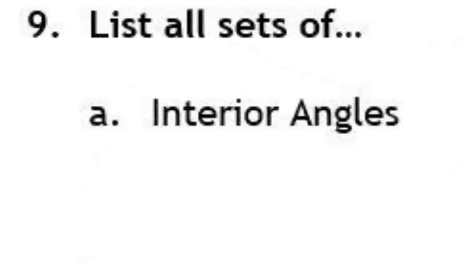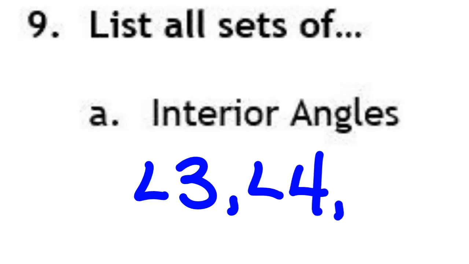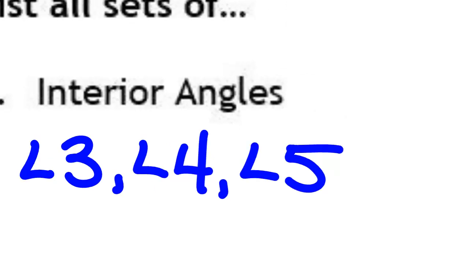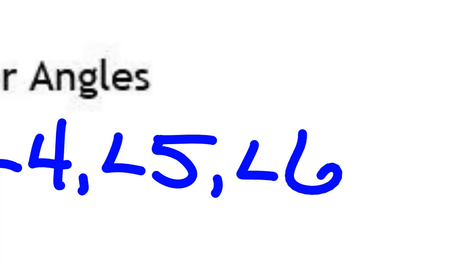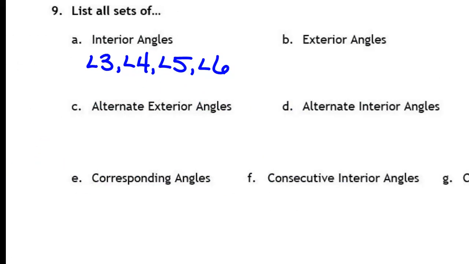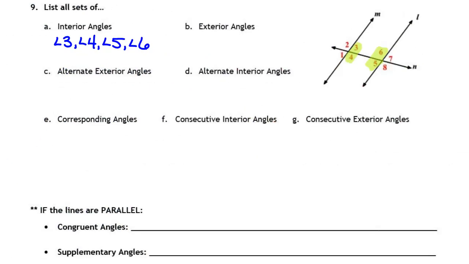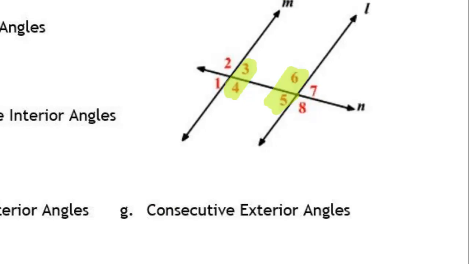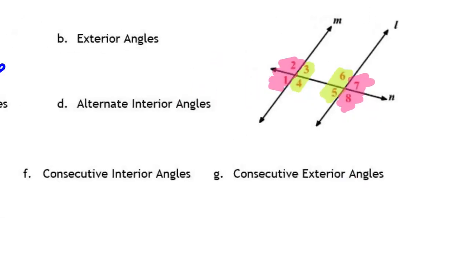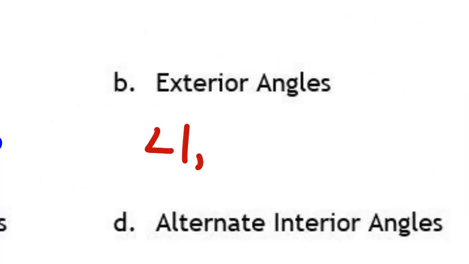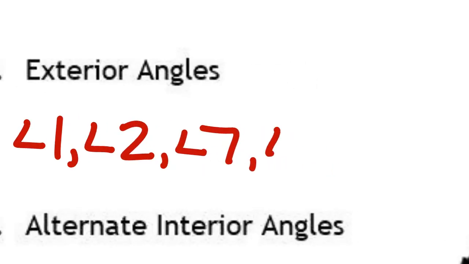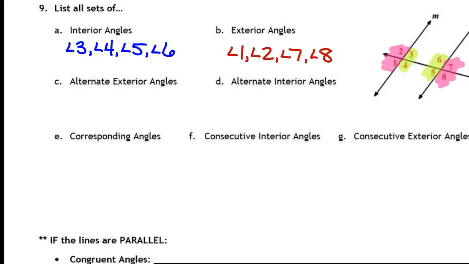Those are in between the two lines. So angle 3, angle 4, angle 5, angle 6. What would my exterior angles be? 1, 2, 7, and 8. Yes. Angle 1, angle 2, angle 7, and angle 8.